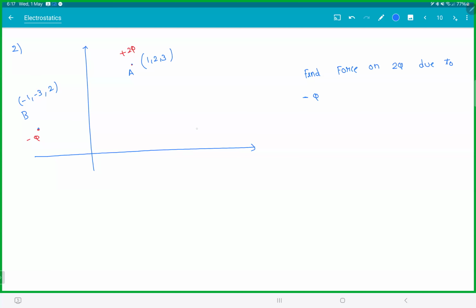I can do one more thing actually. Let's put C also. Let's call it 3, 1, 1.